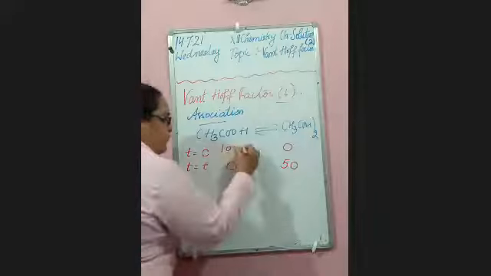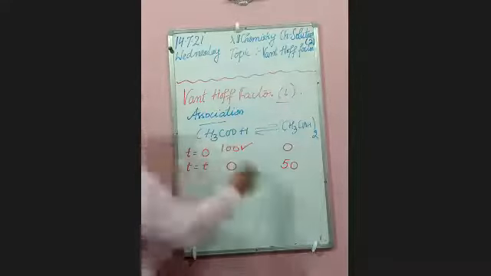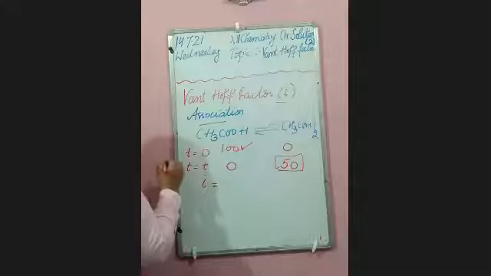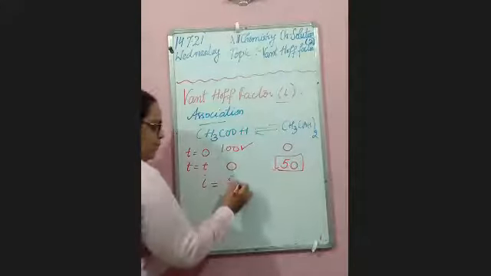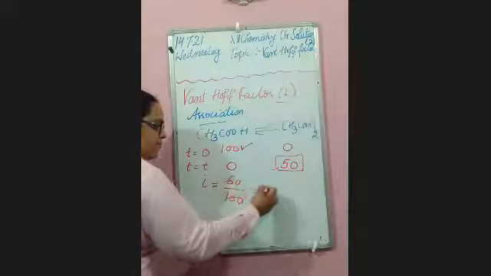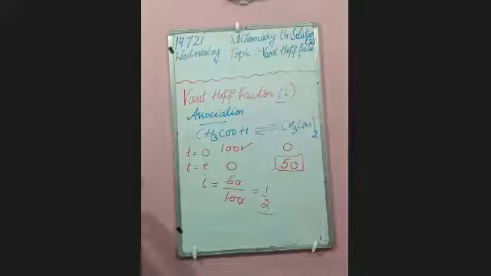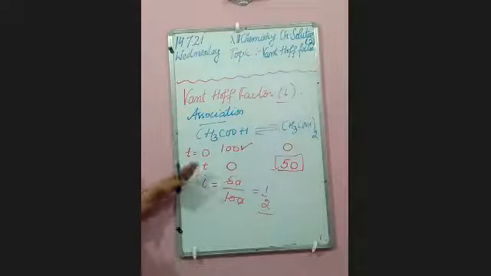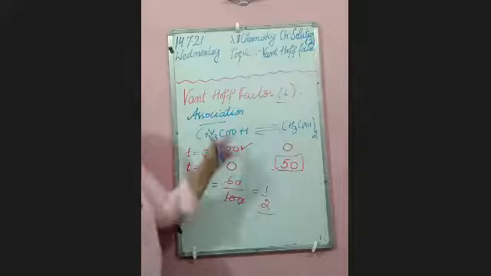Now, what we are expecting is 100, what we are getting is 50. So in this case, i will be observed colligative property over theoretical. This is our Van't Hoff factor in case of association. My dear, from this, what will be the effect on the amount of solute in case of association?